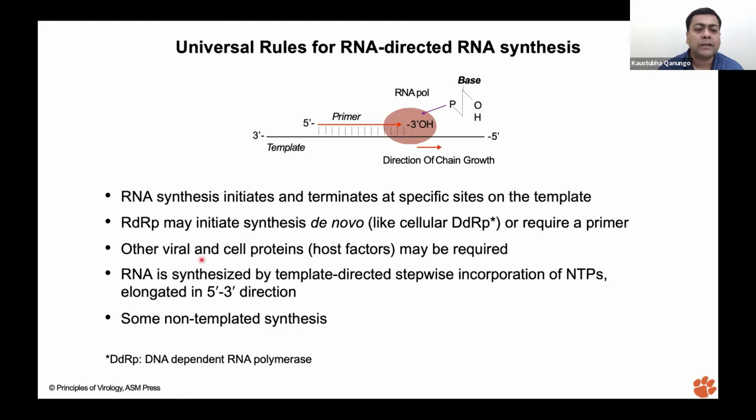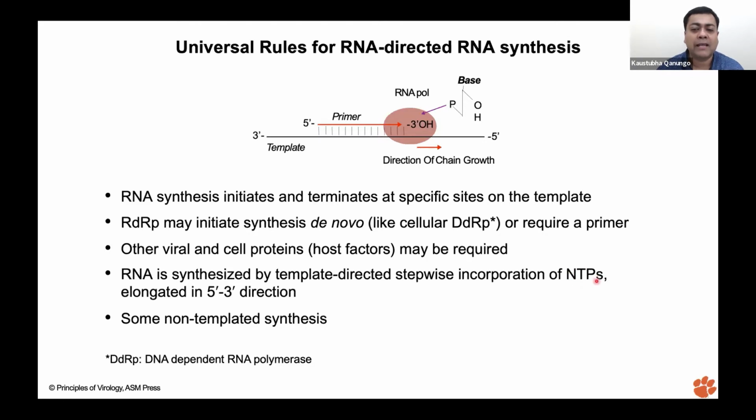And the next one is that the RNA is synthesized by template-directed stepwise incorporation of NTPs. Remember that these are nucleotide triphosphates, very different from the dNTPs. And very carefully remember that sometimes there could be a trick question in your quizzes where it gives you all the answers with dNTP, which is deoxynucleotide triphosphate, very different from the NTPs, which are nucleotide triphosphates.